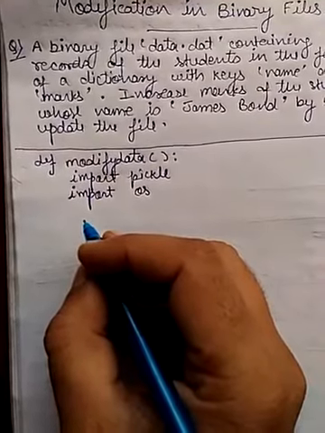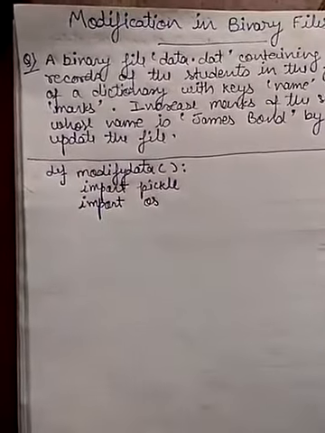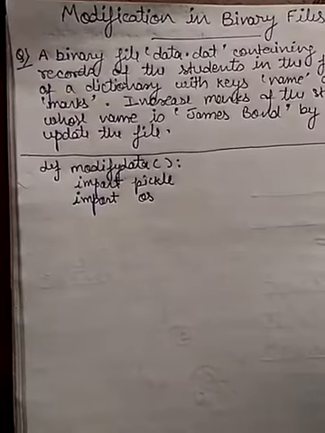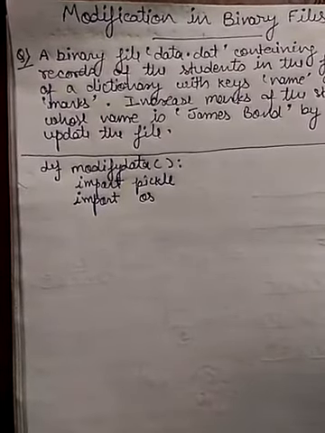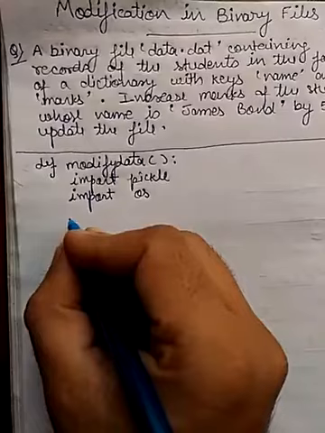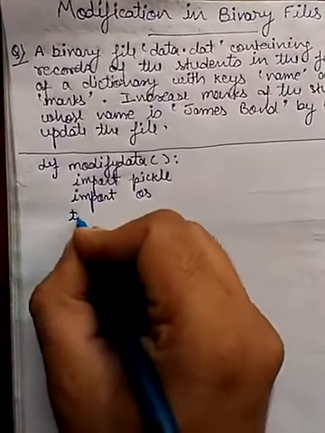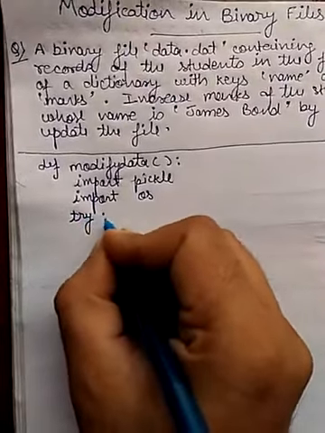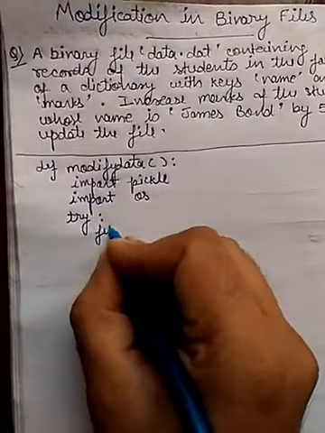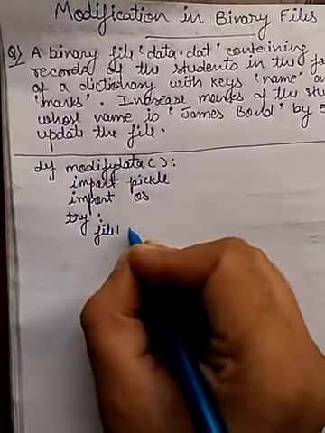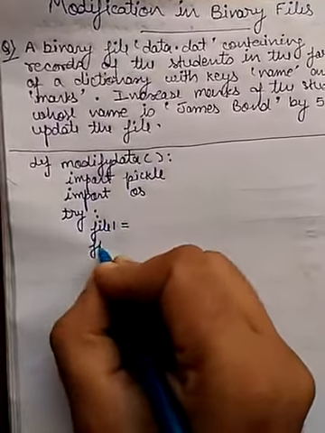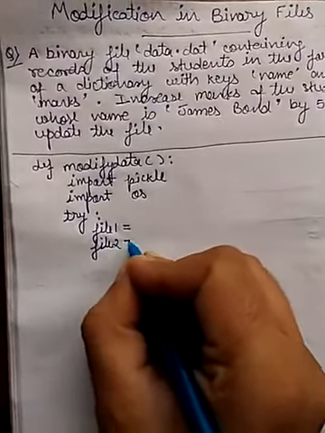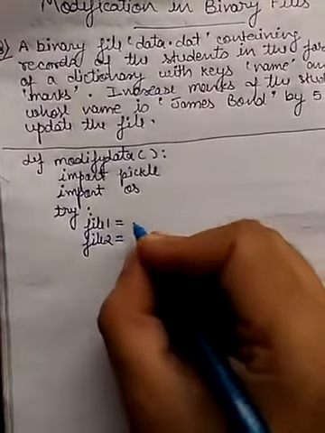Now we have to open two files. One file is for reading, from where we have to read the record, and another file is for writing, in which we have to copy the record. So I am writing try: file1, file2. We are opening two files.